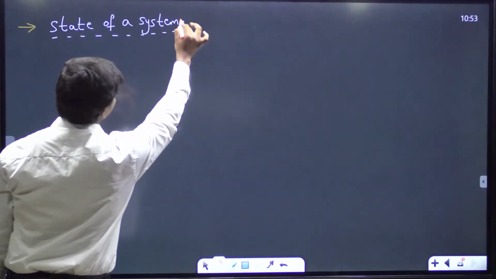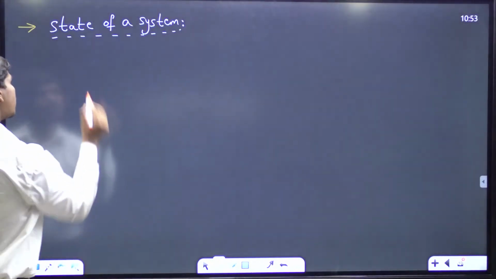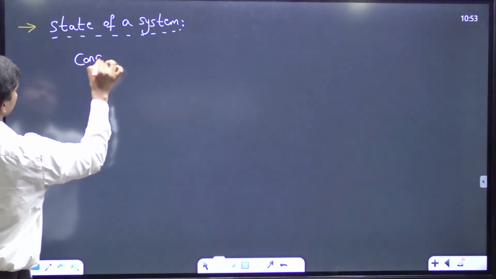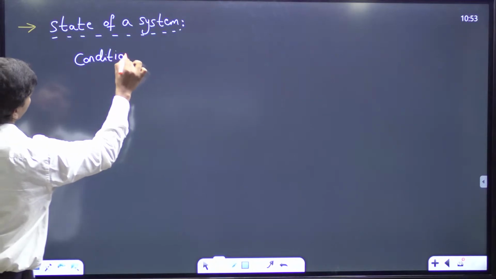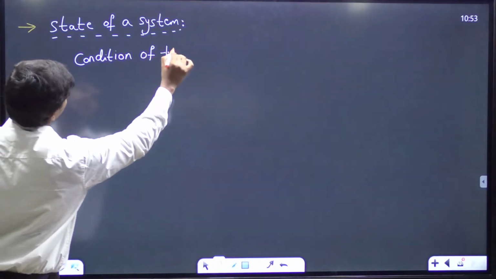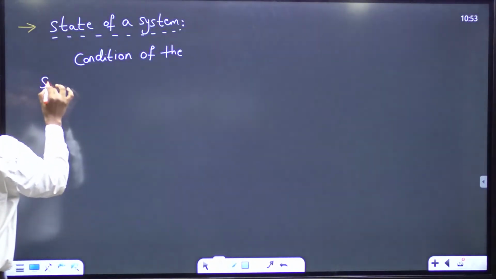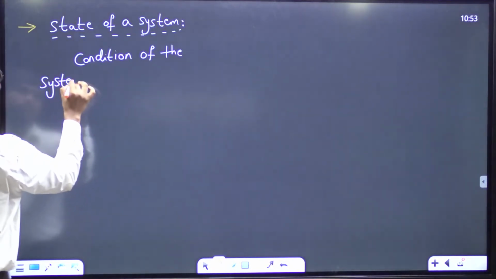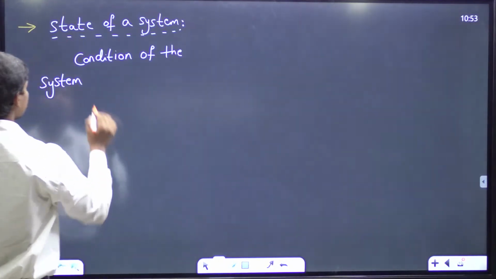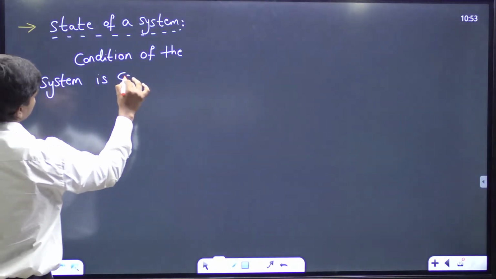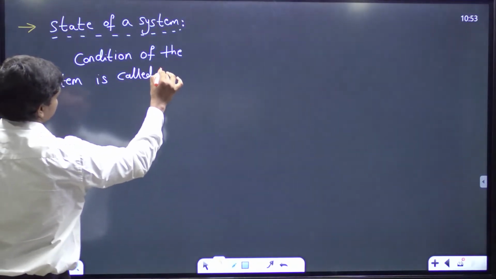State means condition, basically. We'll write the same thing: the condition of the system is called its state.